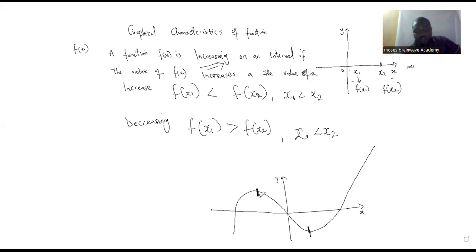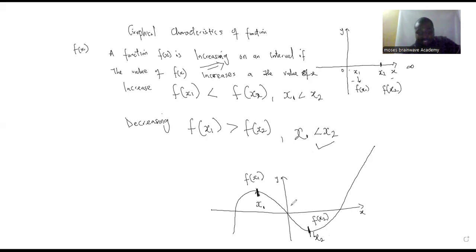If we take here to be our x1, and here to be our x2, definitely x1 is less than x2. This is checked. But the value over here is going to be f of x2.